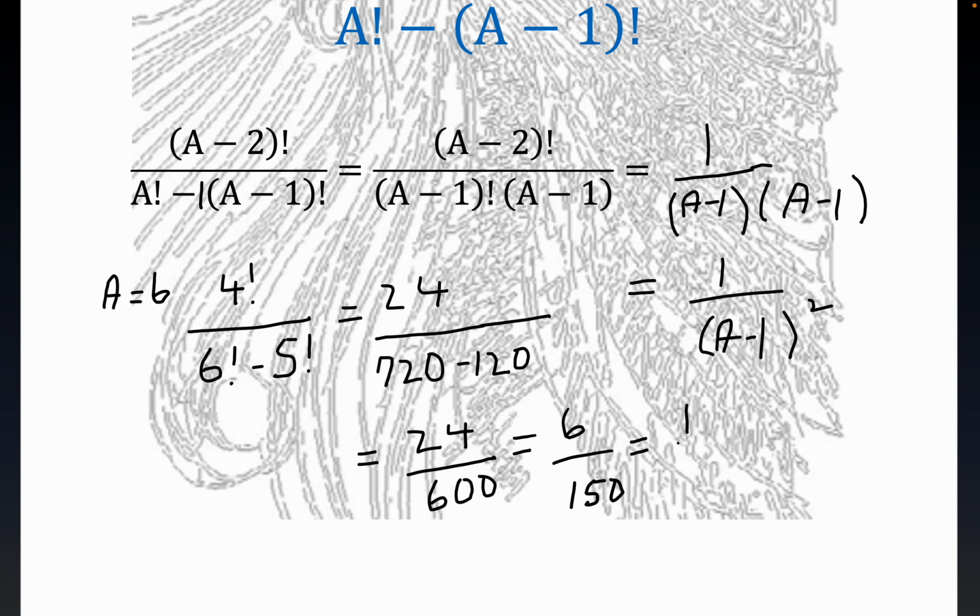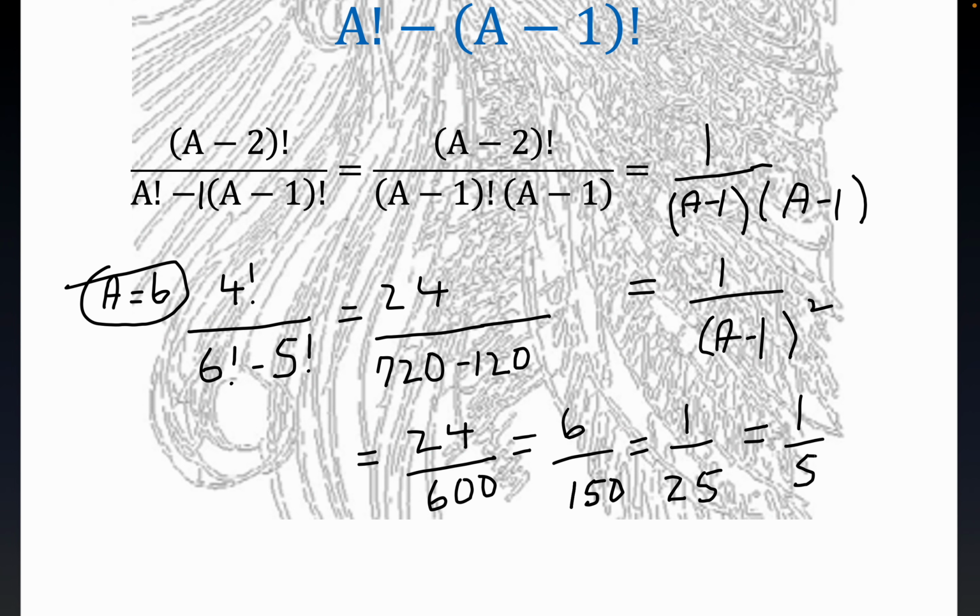So 6 over 150 is 1/25. All right, but notice that's exactly what you would get here, because our A was equal to 6 right here. And so this would be equal to 1 over 6 minus 1 squared. That's 1 over 5 squared. Okay? So we're pretty confident we didn't make any mistakes with our algebra.